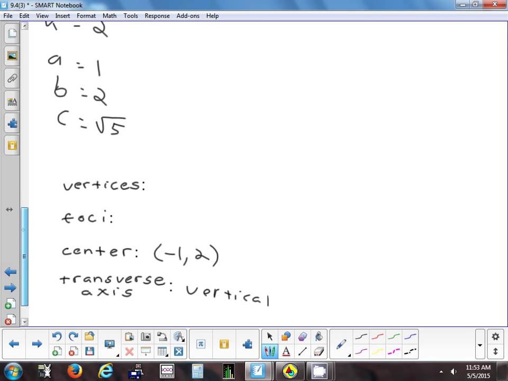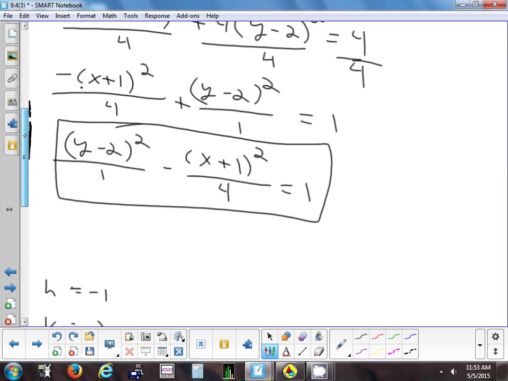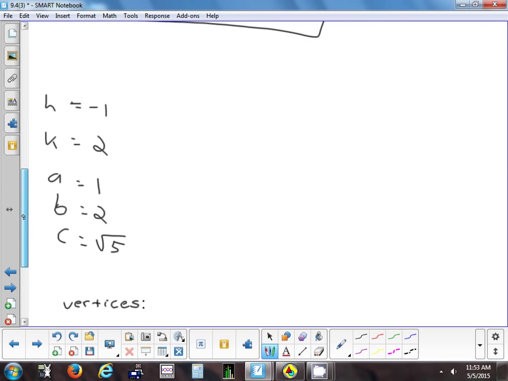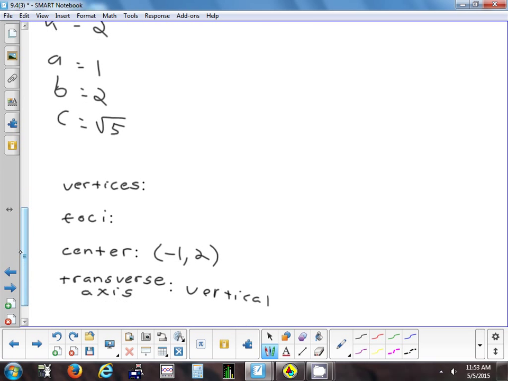Okay, for the vertices, we're going to be above and below the center 1 unit. Okay, James, what's 1 unit above the center? So as a coordinate, what would be the location?